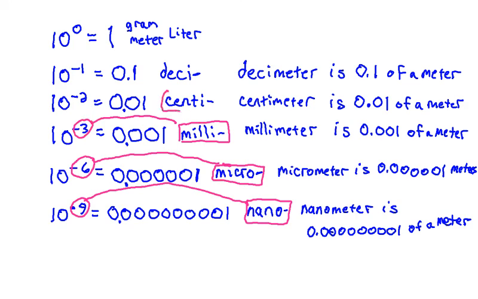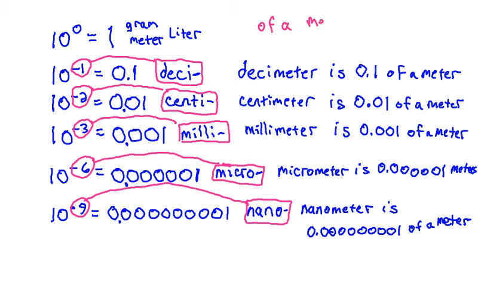And a centi is going to be a negative 2. And a deci is going to be a negative 1, of a meter or a gram or a liter or whatever the unit of measurement is.